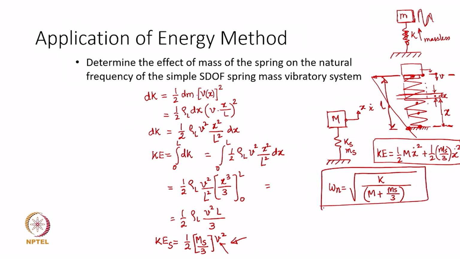It actually means that if I want to include the mass of the spring, we need to include 1/3 of its mass, and the reason it is not the full mass is because each element of the spring has a different velocity when it is oscillating, and so it happens that the entire spring's contribution to the kinetic energy is 1/3 of its mass. Is that clear?